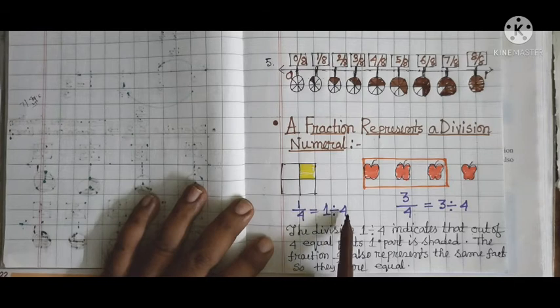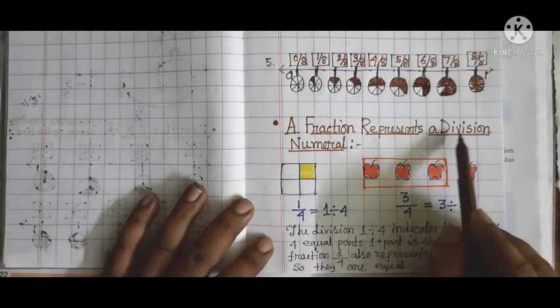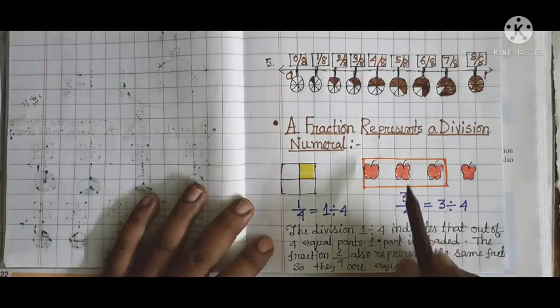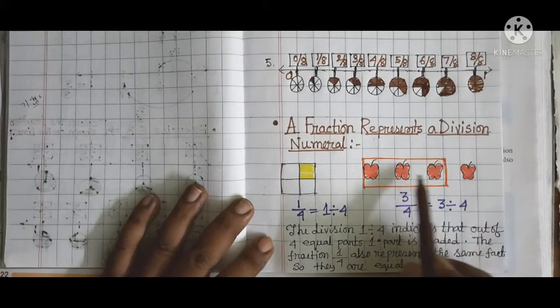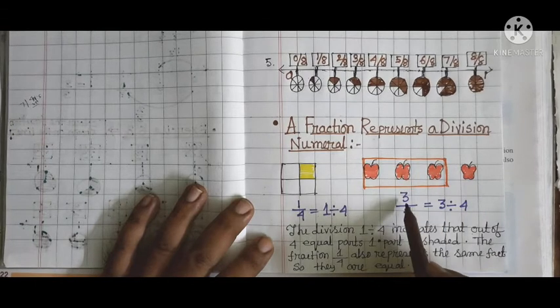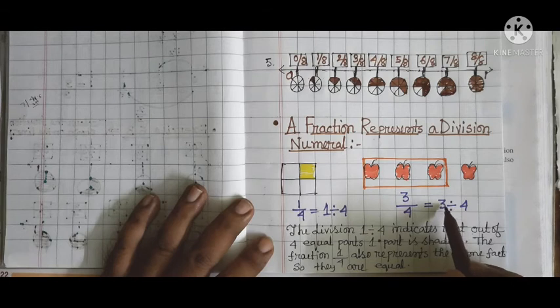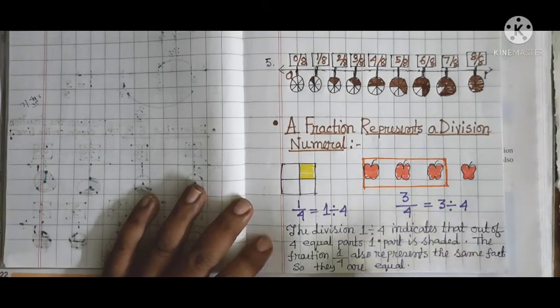Next, you can see 3 apples out of 4 apples taken, so you can write 3 by 4, or 3 divide 4.